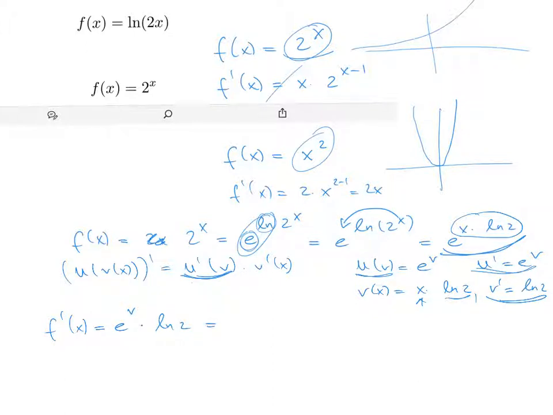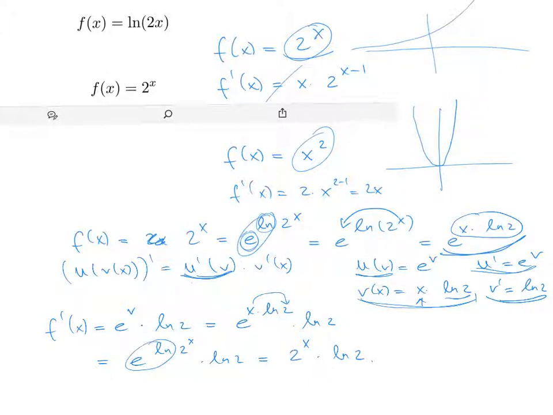And I can simplify this. What was v? V was x times logarithm 2, so I get e to the power of x times logarithm 2, times logarithm 2. I can write this back as e to the power of logarithm of 2 to the power of x, times logarithm 2, and these are inverse functions, so this is equal to 2 to the power of x times logarithm 2.